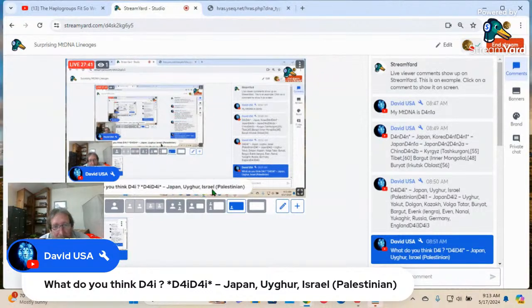And that could be the source of this D4I that you're talking about. That's a very, very good observation right there. Because the Uyghurs are Judaic. And so the trade between basically China or the land of Sinim and Israel is apparent right there in that, if that's how they got it, which is in Japan, then it's in the Uyghur population and Israeli population.